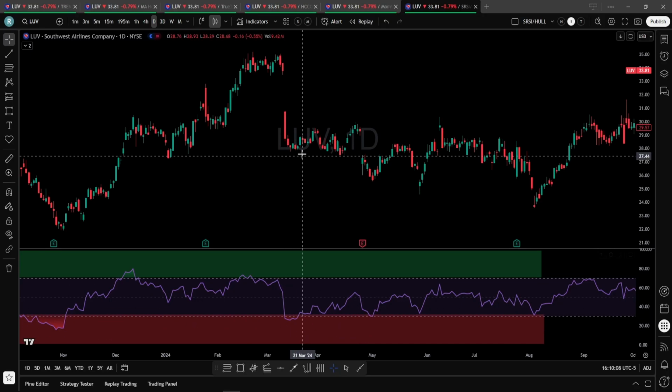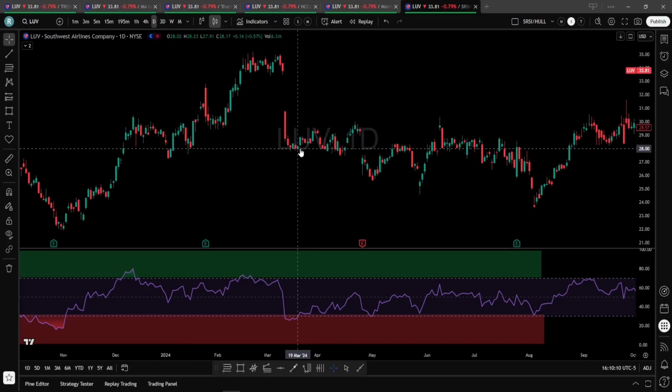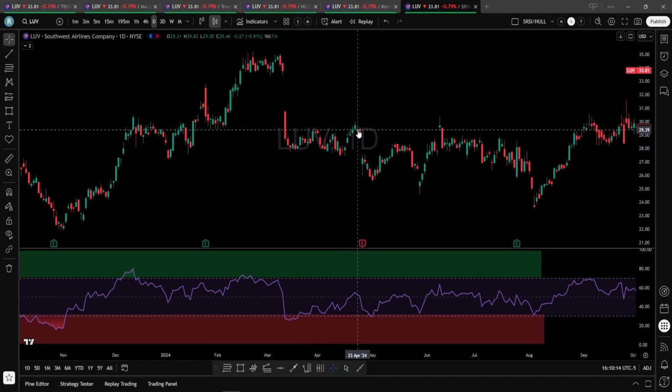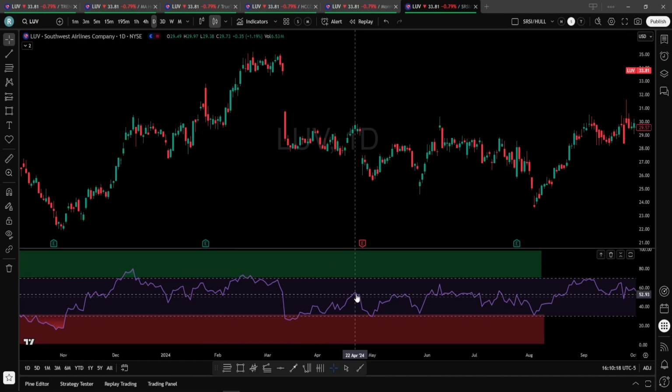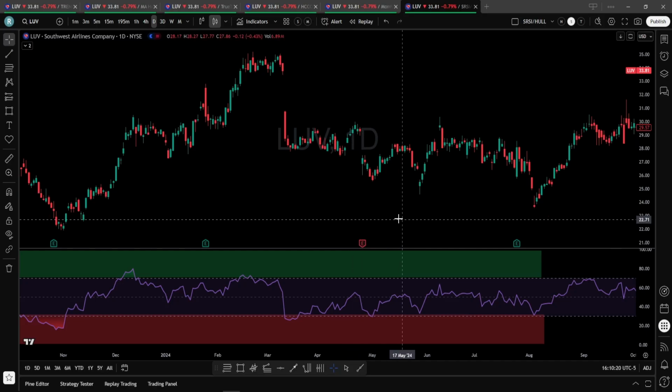Then it came back up, marking this as a low, and then it went all the way to here, where it just went above the halfway mark.